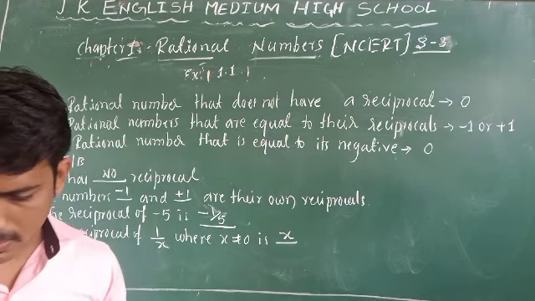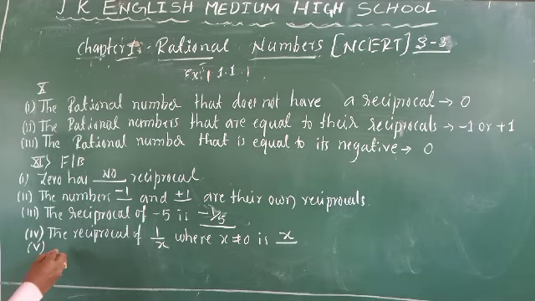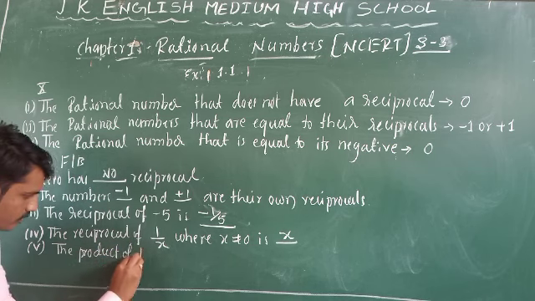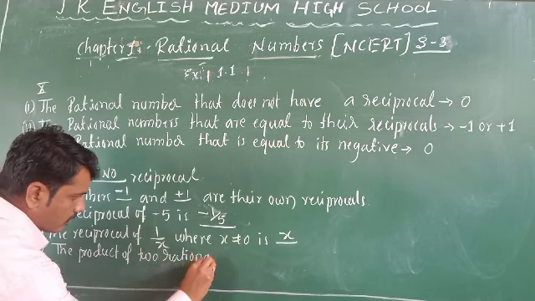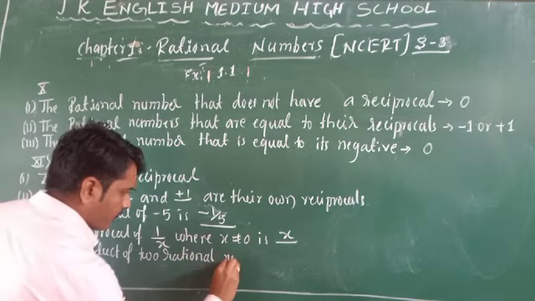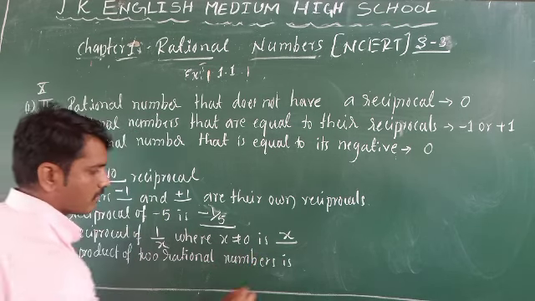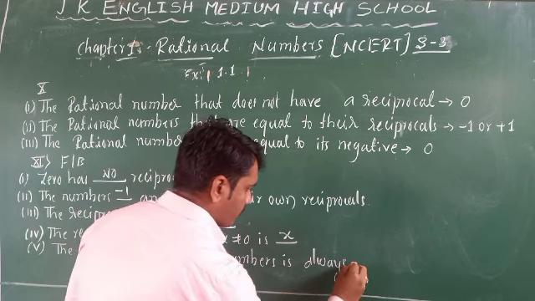Next, question number 5: the product of two rational numbers is always what?